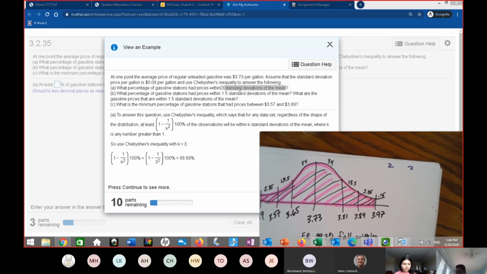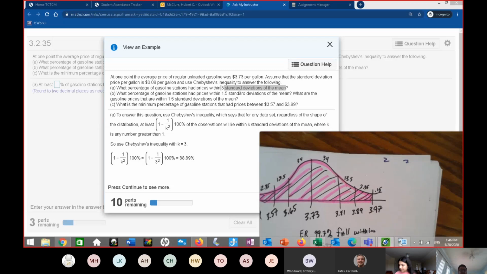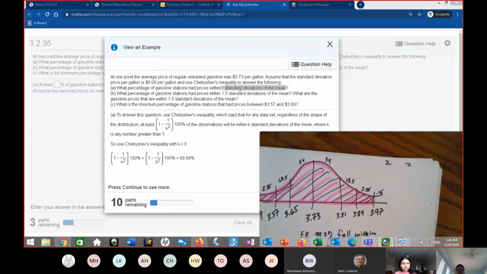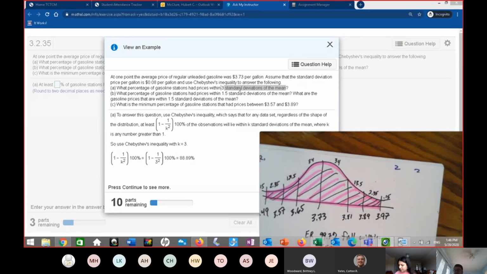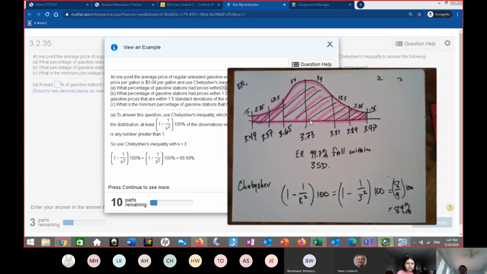What is 8/9 times 100? Somebody take 8/9 and multiply that. It's 89%. So Chebyshev says the empirical rule is not right, it's 89%.